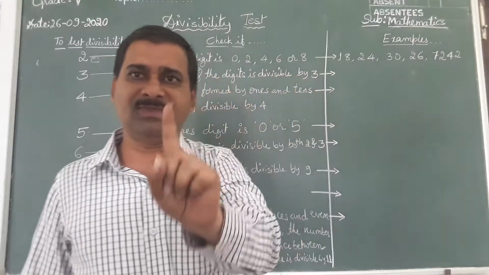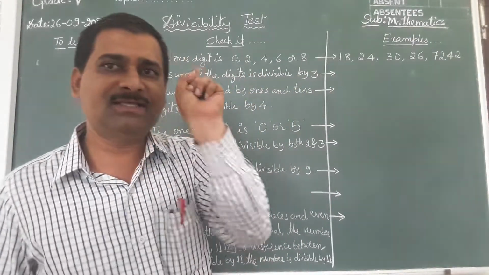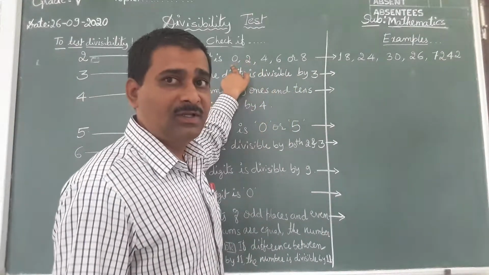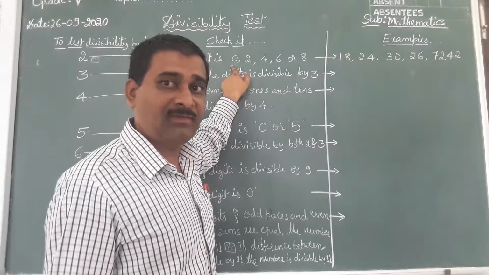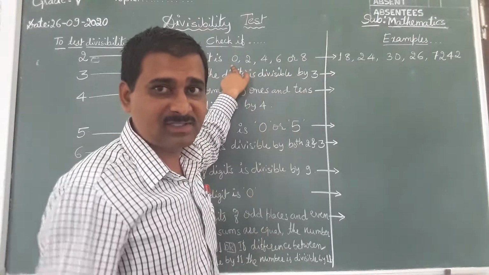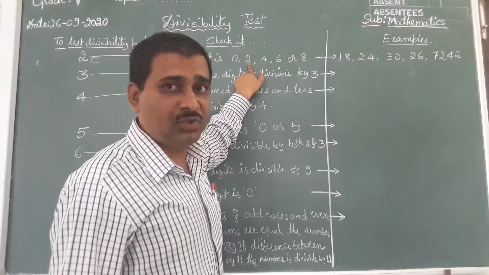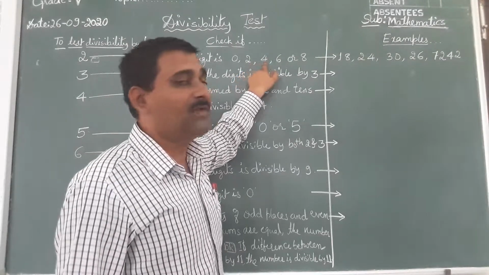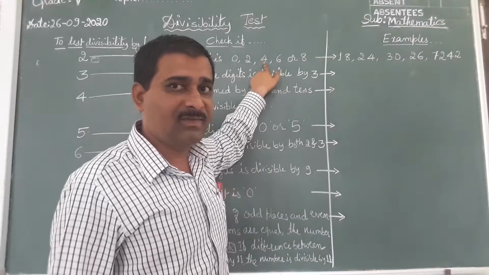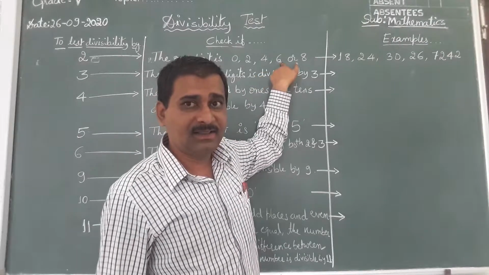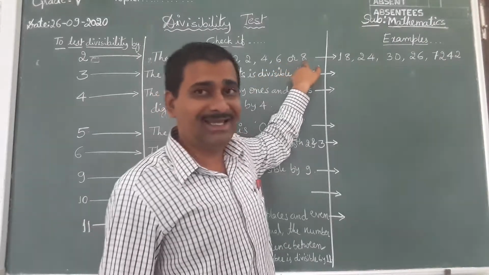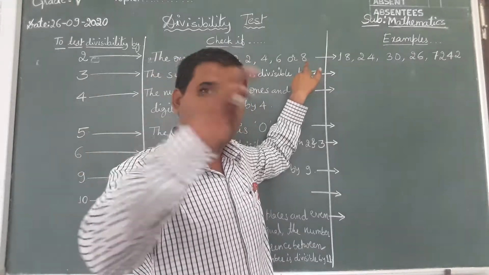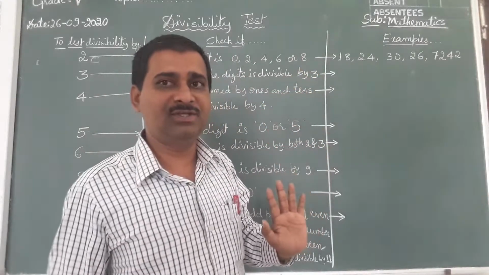If you find 0 in the ones place, the complete number will be divisible by 2. If you find 2, divisible by 2. If you find 4, divisible by 2. If you find 6, that is also divisible. If you find 8 in the ones place, then also the whole number is divisible by 2.